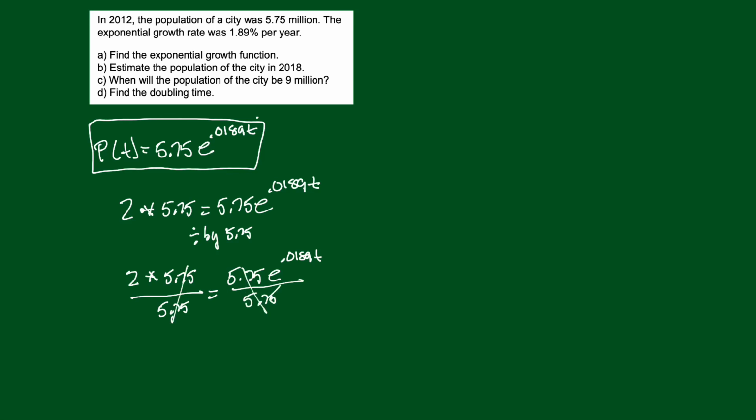This cancels, and I get 2 is equal to e to the 0.0189 t. So the initial population just dropped out. It canceled out, so it doesn't matter what initial population you start with. We're starting with 5.75, but put any number here for the initial population, and it will cancel out. No matter what the initial population is, we're going to end up with this equation here. Now solve this for t.